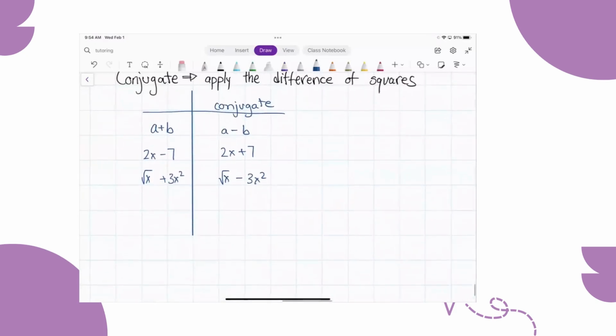Are you ready for something a little harder or you want to still build up? Okay. Let's say root 20 plus 3x cubed, the conjugate of this. Maybe root 20 minus 3x cubed. Yeah.